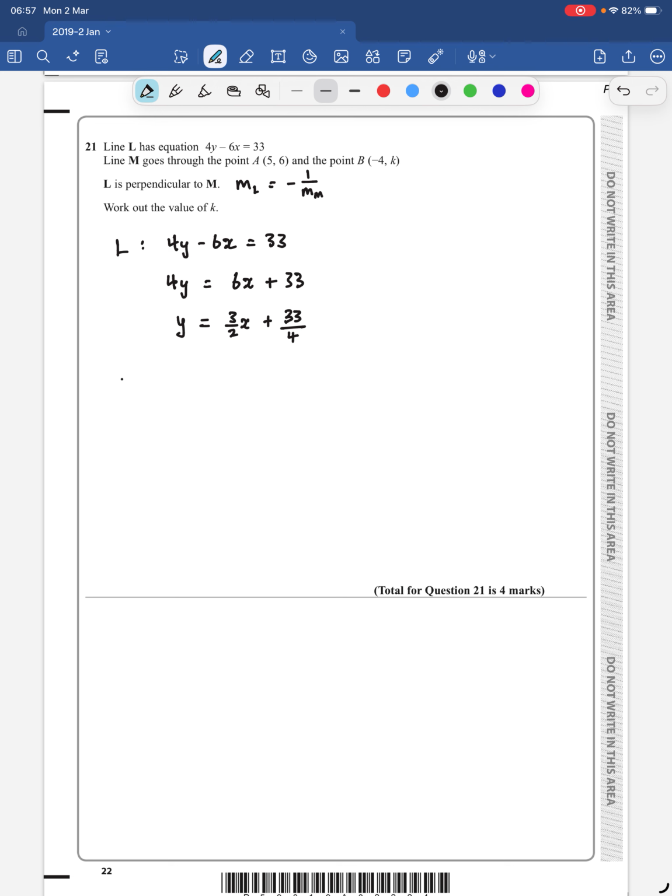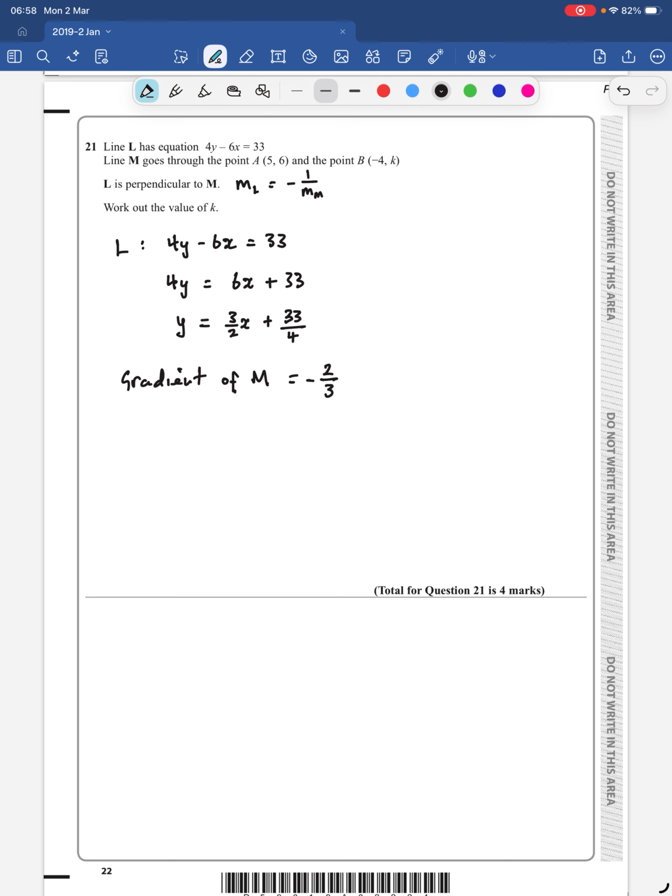So I can now say the gradient of M equals, and I can just do minus 1 over the gradient of L here. Well, 1 over a fraction is just flipping the fraction. So it's 2/3, but I've got to remember it's minus.